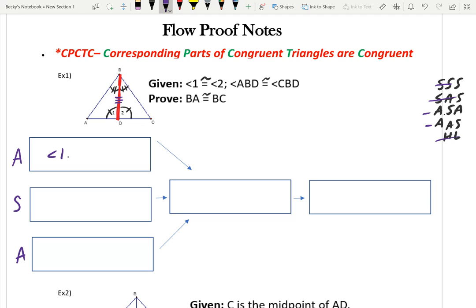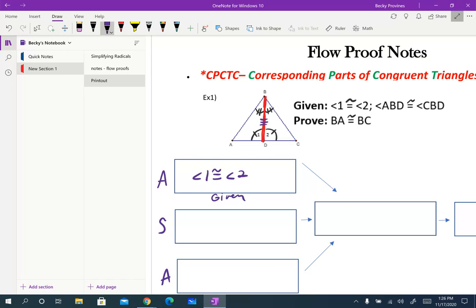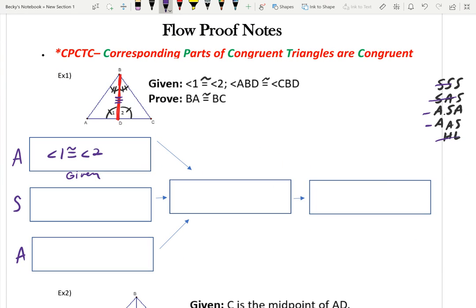I knew angle 1 was congruent to angle 2 because it was given. Okay, now I'm finished with this step. You're finished with each step once you show that something is congruent.